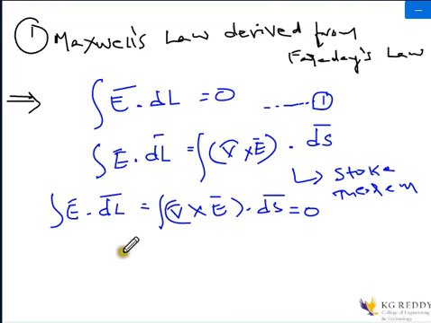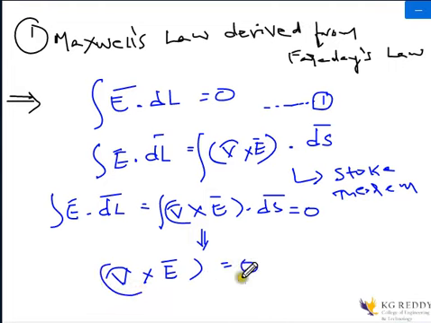So curl of E bar must be 0. We can write curl of E bar is equal to 0. This is called the point form or the differential form of Maxwell's first law.